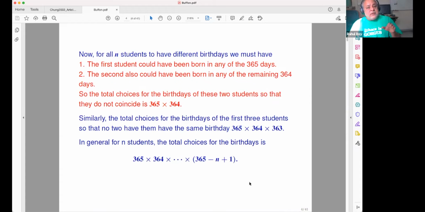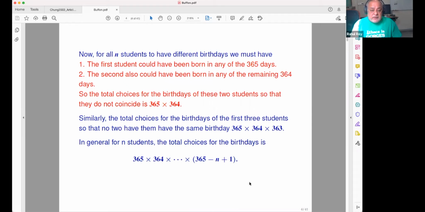Now, for all n students to have different birthdays, we must have that the first student could have been born in any of the 365 days. The second one could have been born in any of the remaining 364 days because one of them has already been taken up by the first student. So the total choices for the birthdays of these two students, so that they do not coincide, is 365 multiplied by 364.